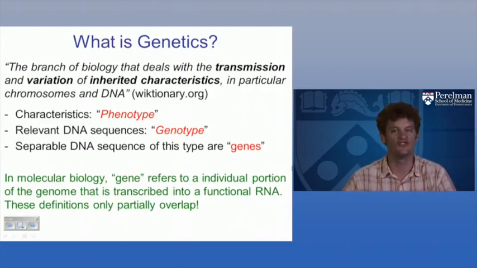And then the term gene is a little bit tricky to define. It evolved as we learned more about the molecular structure of protein coding genes in the genome. But in this lecture, we're thinking about genes really as individually separable DNA sequences that encode for particular phenotypes.